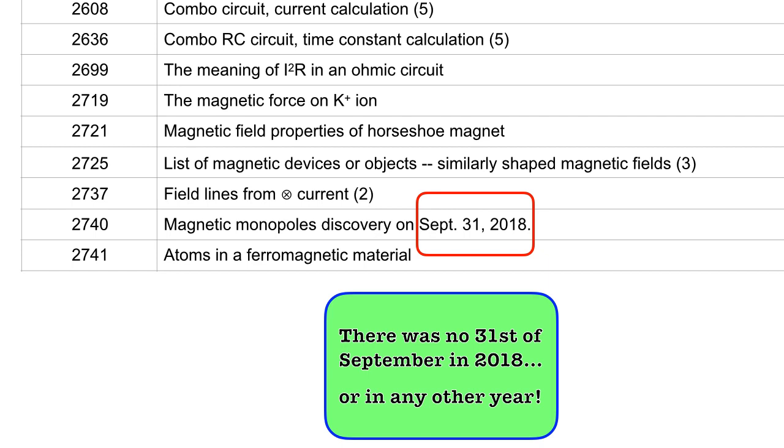Attention, Achtung. If you see me write an option in multiple choice or true false, especially true false, if it's got anything about September 31st, that's my standard trick. That's kind of a, oh wait a minute, nothing in that true false can possibly be true if September 31st in any year is in there.